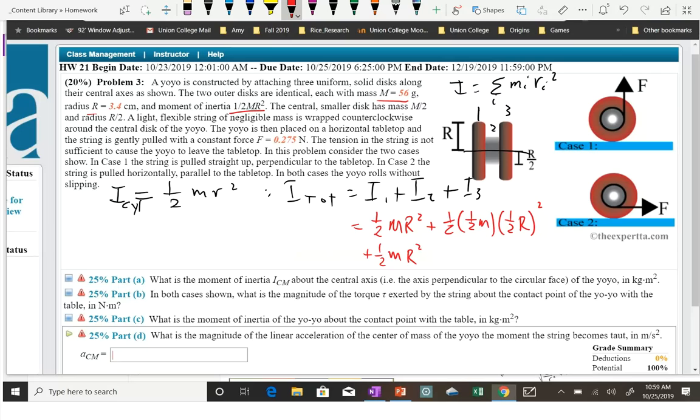What's 1/2 plus 1/2? 1. 1 plus 1/16. 17/16. That's a 16 out of 10. And that's actually the first part. Part A is just calculating that.